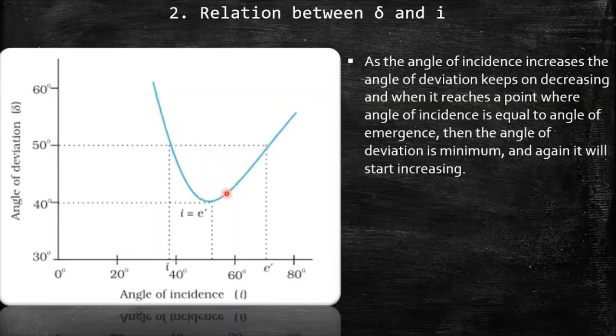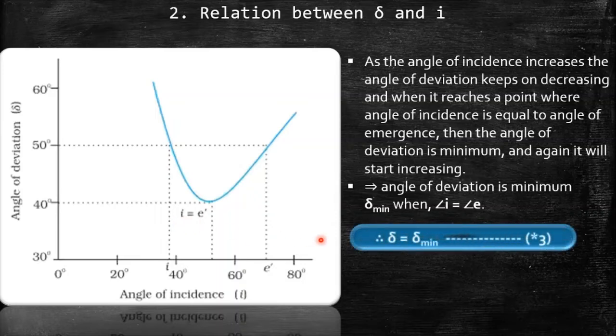Now it is really interesting to note that at the minimum point of this curve, or at the minimum point of this graph, the angle of incidence is equal to the angle of emergence. Alright. So obviously when I is equal to E, my delta becomes delta minimum, or I can even call this delta M, which means that now my angle of deviation is my angle of minimum deviation.